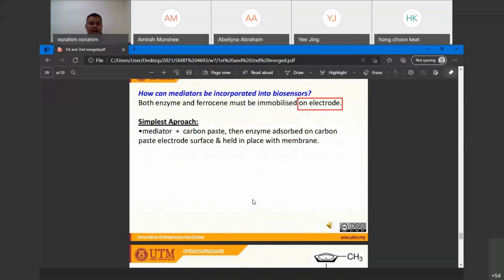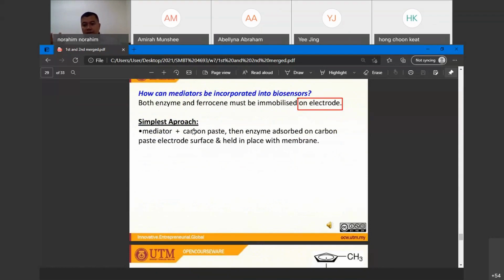Okay. How do we incorporate mediators into a biosensor? Both the enzyme and your ferrocene must be immobilized onto the electrode. The simplest way of immobilizing an enzyme and ferrocene onto your biosensor is using a carbon paste. Remember the carbon paste?